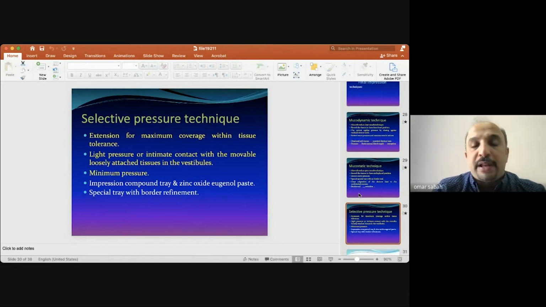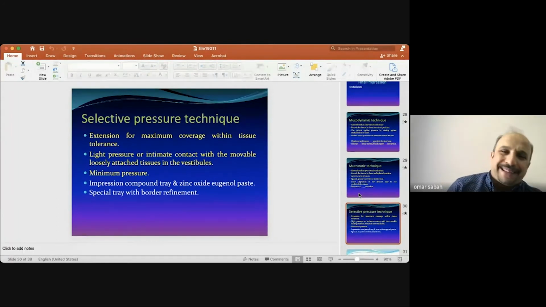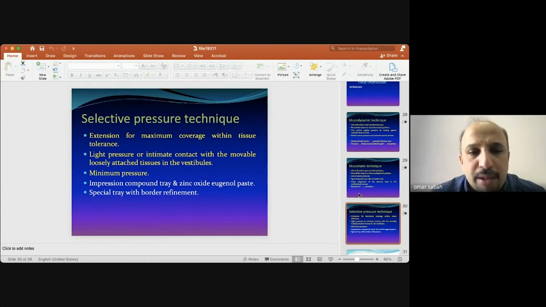If I go to the other one, it is the selective pressure technique. In this technique, you can mix between the pressure one, or the closed technique, and the open technique, but this is a modification of the pressure one, by making or trying to make the pressure the same in all areas.